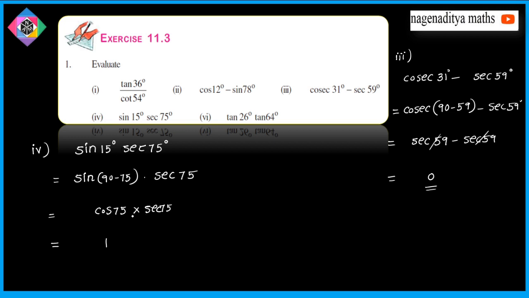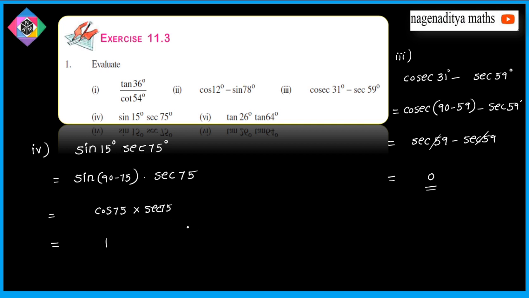Both cancel. We already learned that the multiplicative inverse of cos theta is secant theta, of sin theta is cosecant theta, of tan theta is cot theta, and of cosecant theta is sin theta. So if these two come side by side multiplied, they definitely cancel. Look here: cos theta, and here the same theta must be equal, it should not be different. So cos 75 degrees into secant 75 degrees is cos theta into secant theta.